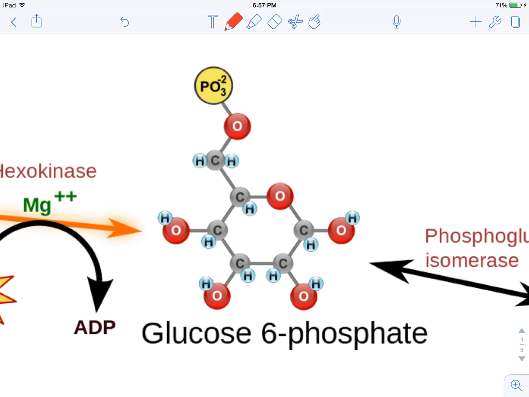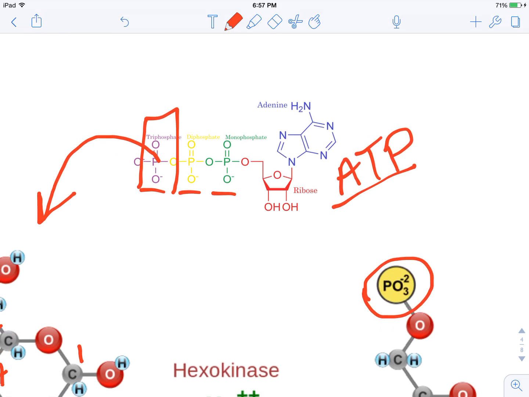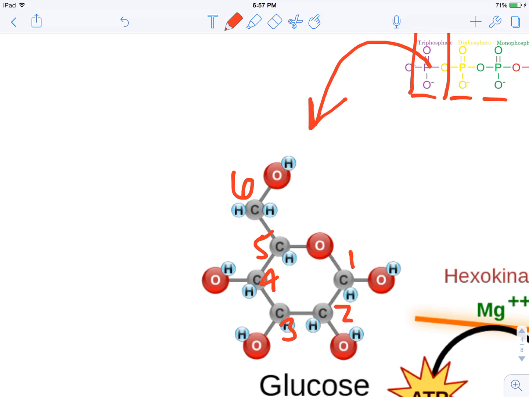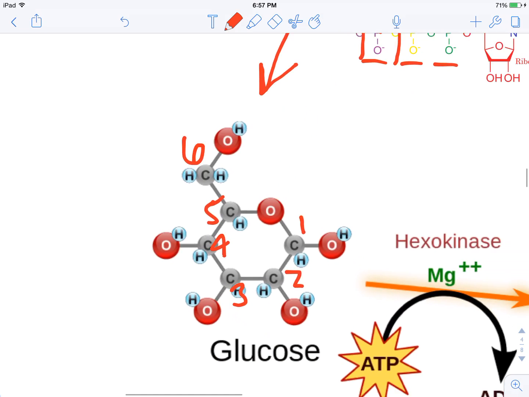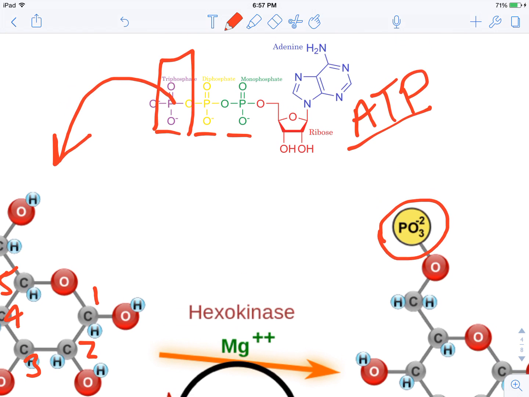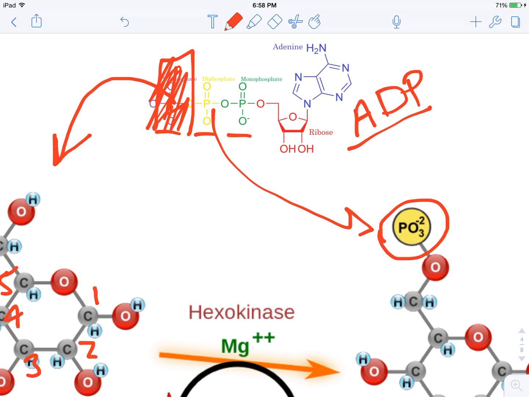So I want you to see, here we have the new phosphate group, which left ATP and joined on the 6th carbon. When this occurred, that ATP became adenosine diphosphate. So we would change ATP to ADP because we no longer have this phosphate group because it went here.